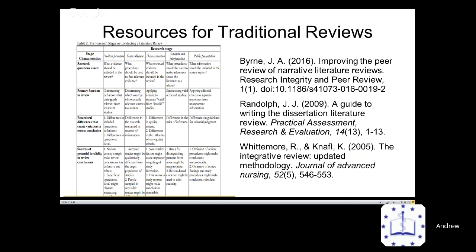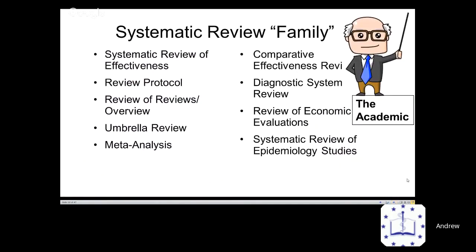And so this extract, this table, shows the different stages of research and the characteristics of each stage in a traditional review. So you will want to check out these resources if you're interested in covering traditional reviews. But our focus is more on the new types.